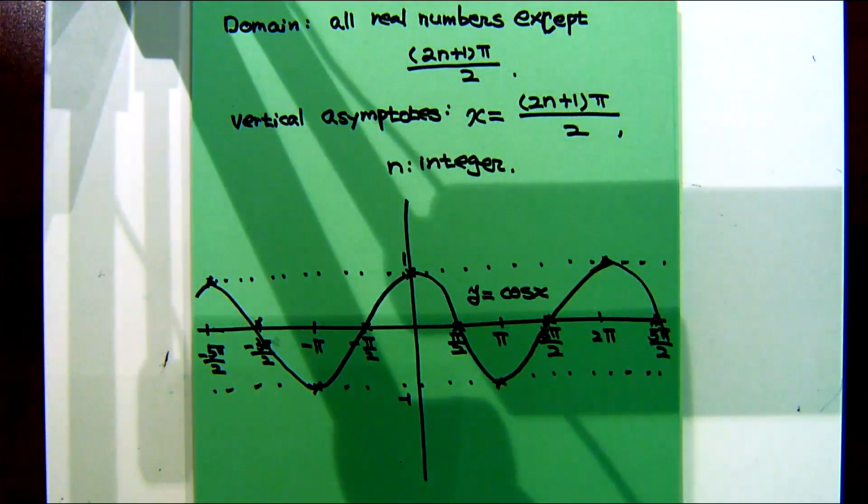I said whenever cosine becomes 0, the secant function will have a vertical asymptote because 1/0 is undefined.